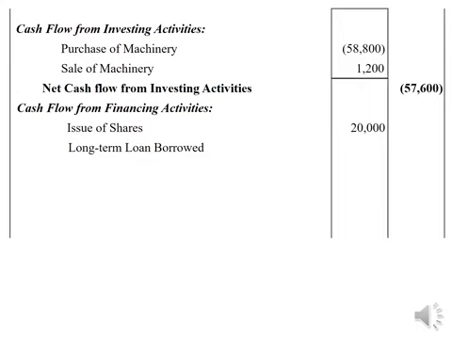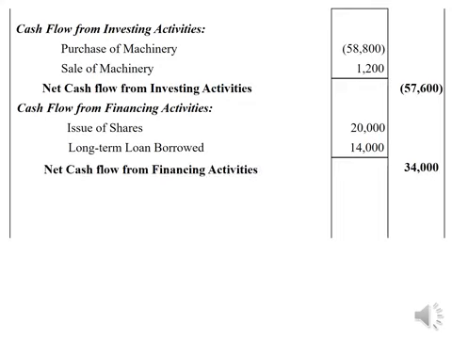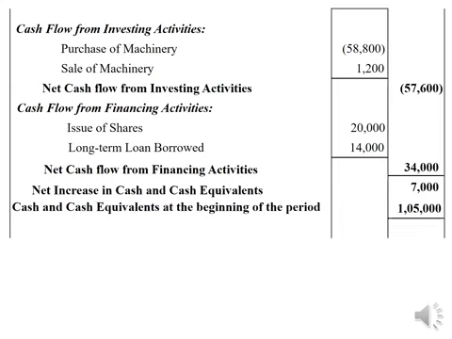Long-term loans borrowed 14,000. Totaling them up, we get 34,000 net cash flow from financing activities. Adding all the three cash flows, we get 7,000 as net increase in cash and cash equivalents. Add the opening balance of cash and cash equivalents, 1,05,000, we get closing balance 1,12,000.